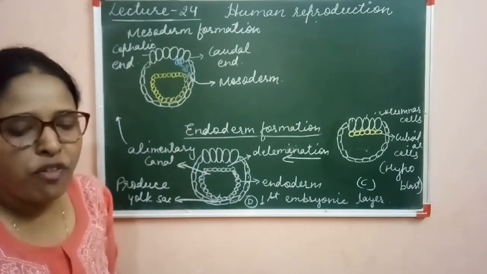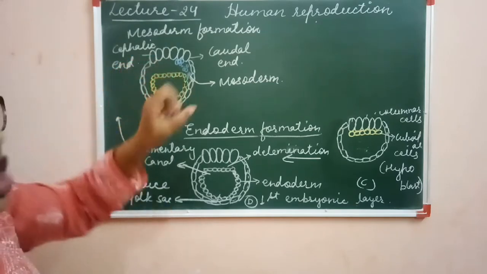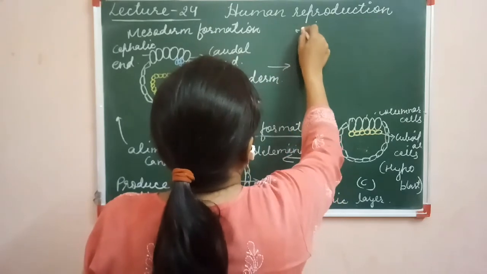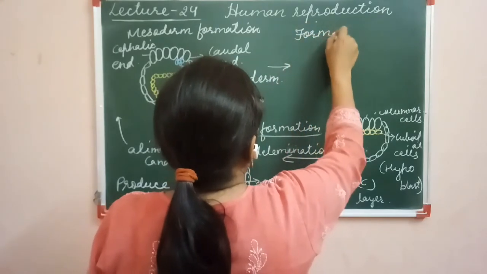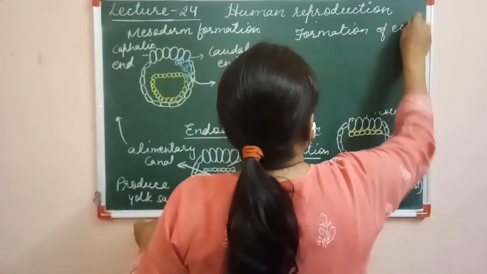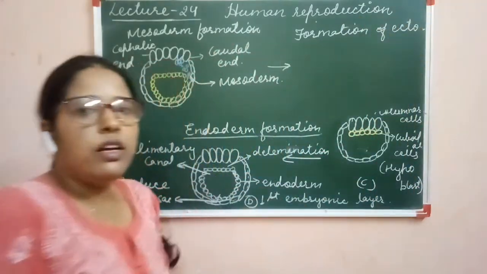After the formation of mesoderm, the formation of ectoderm is going to take place. So here the next stage is the formation of ectoderm. Clear?